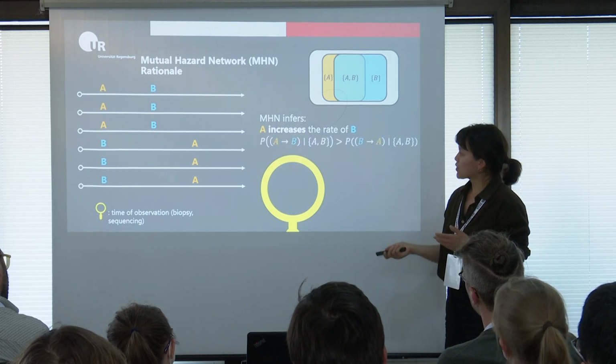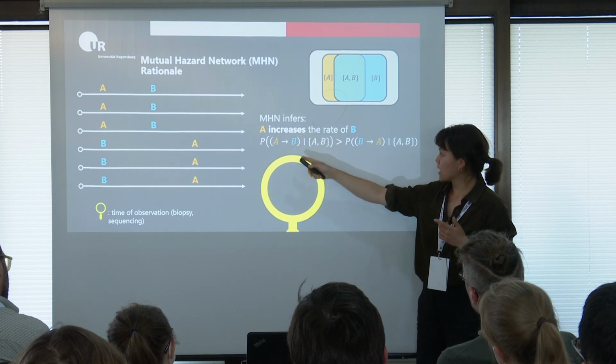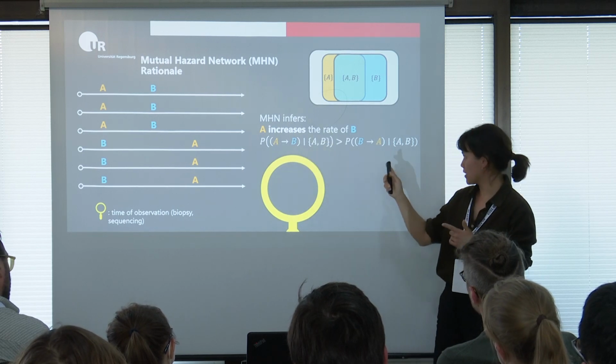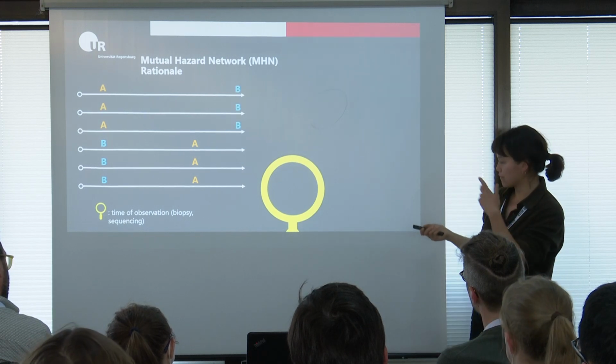And because of that, also the ordering would change. So it would say that observing first A and then B is more likely than the other way around, given that we observe both.